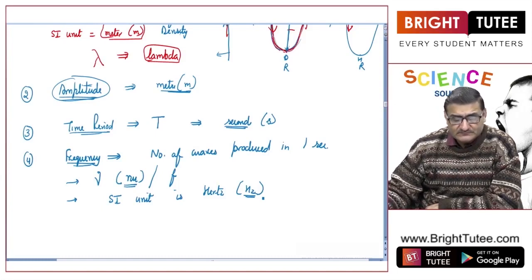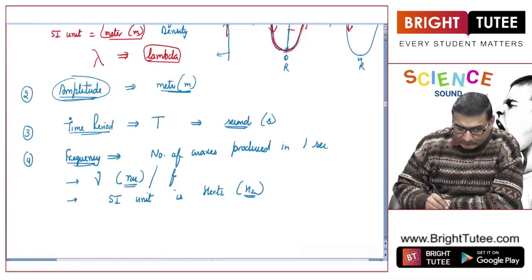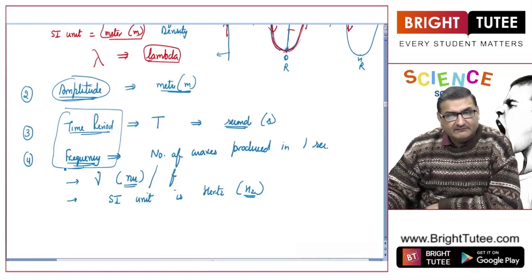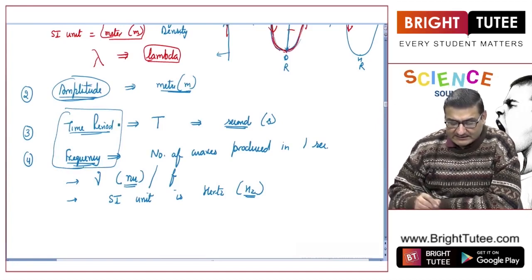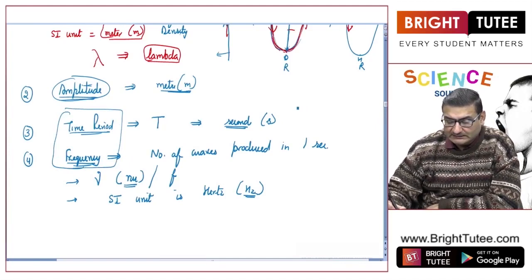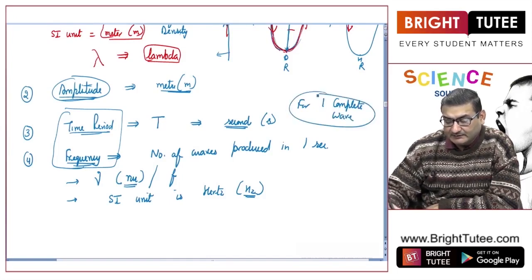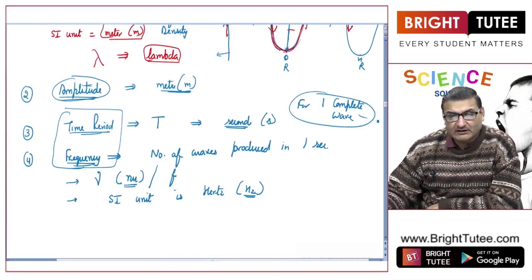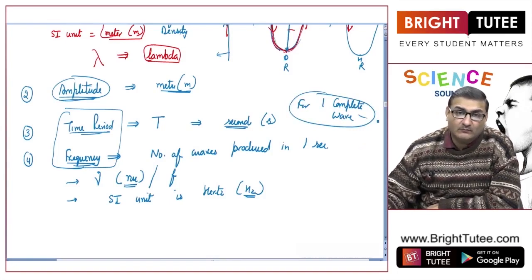Fine. Okay, now if we try to relate the time period and frequency, a very important thing is, what was time period? Time period was the time taken for one complete wave. And the frequency is how many waves or how many cycles in 1 second. Got it?